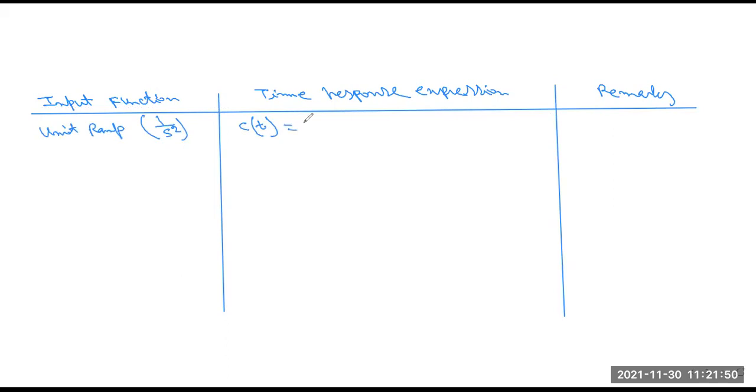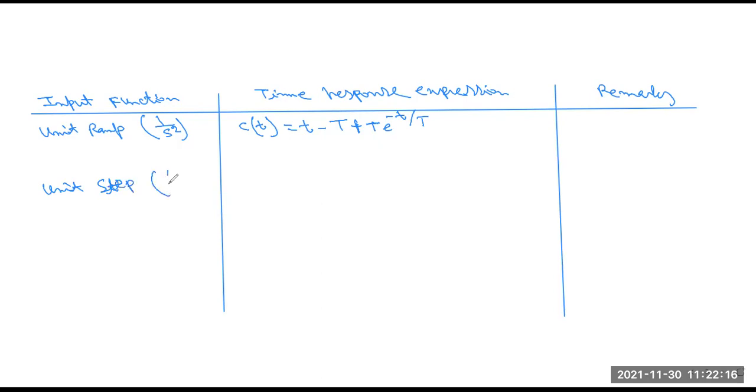This is equal to t minus T plus T into e to the power minus t by T, where small t is time and capital T is the time constant. We calculated this in last classes. This is the ramp function in the first order control system.